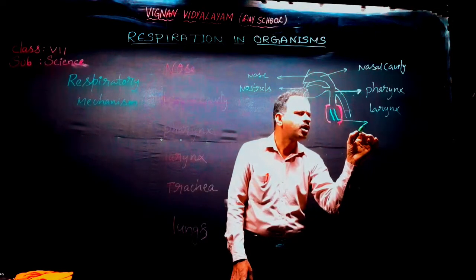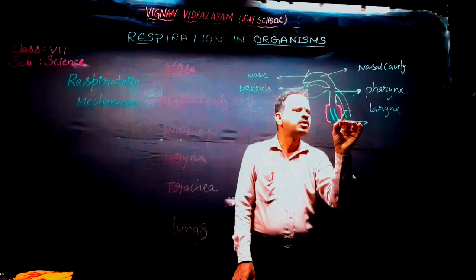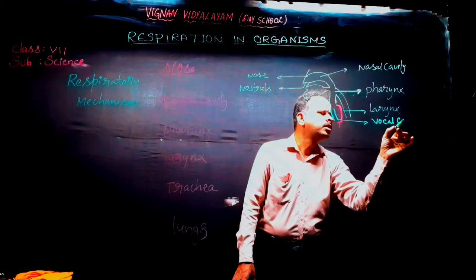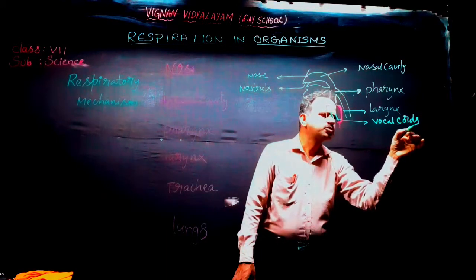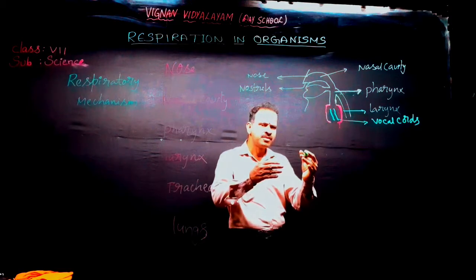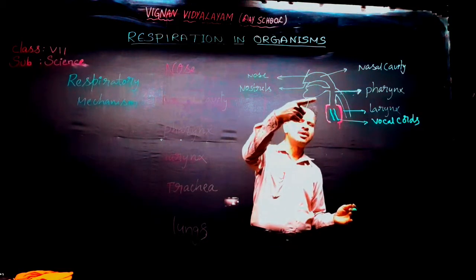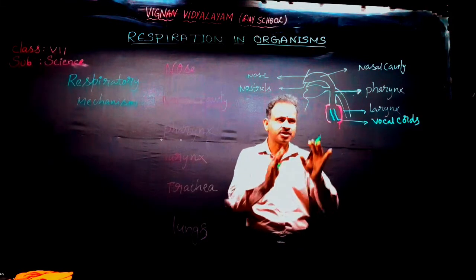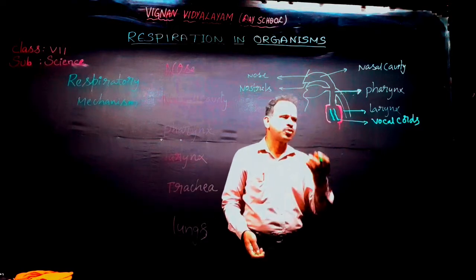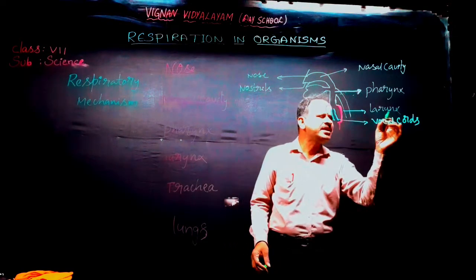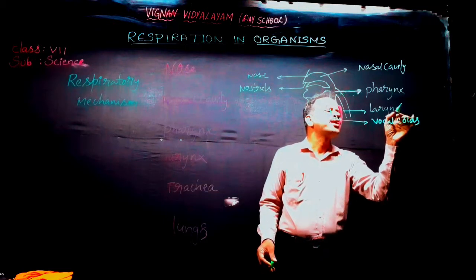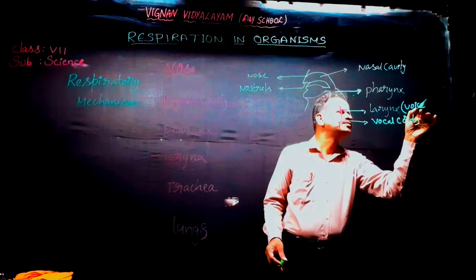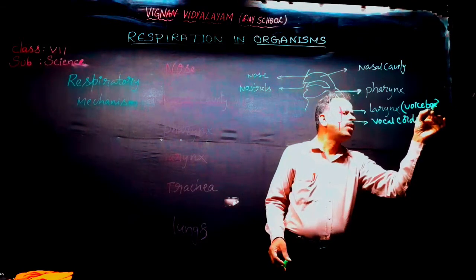These two are called vocal cords. When the air passes over the vocal cords, these cords vibrate. Because of this vibration, sound is produced. So this larynx is also called voice box.